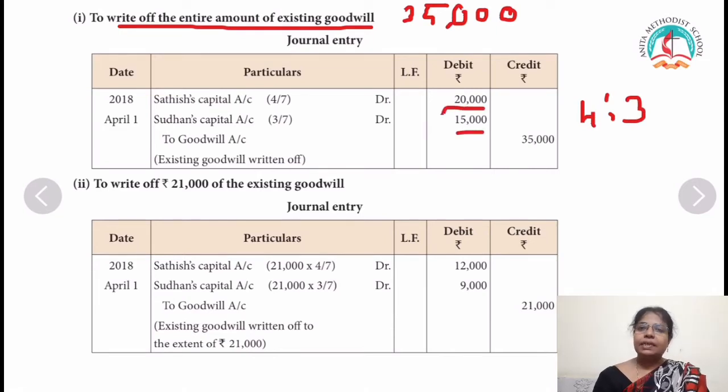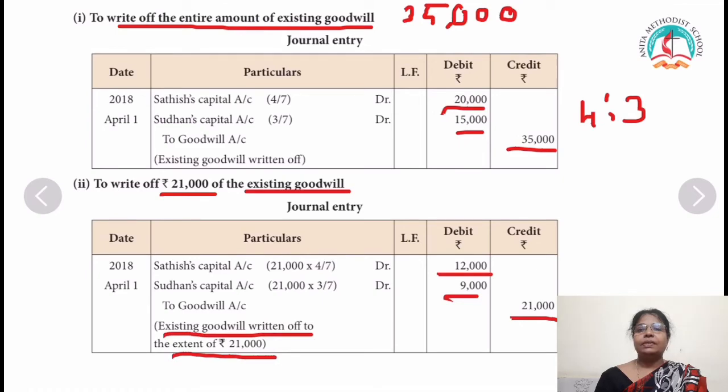And the next journal entry to write off 21,000 of the existing goodwill. So Satish capital account 21,000 into 4/7, 12,000. Sudan's capital account 21,000 into 3/7, 9,000. To goodwill 21,000. Existing goodwill written off to the extent of rupees 21,000.